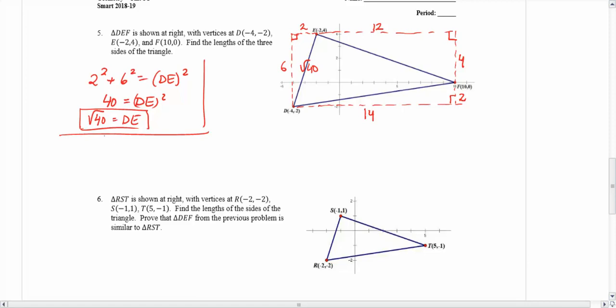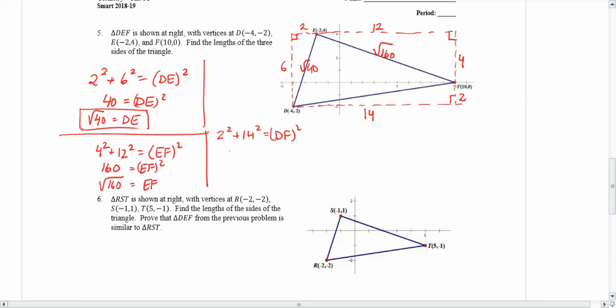We've got 4 squared plus 12 squared equals EF squared. So that's 160 if you add all that together. And then you square root that, root 160. So that's this one. And then the last one here, we've got 2 squared plus 14 squared equals DF squared. So that's 4 plus 196, that's 200. We'll square root that.